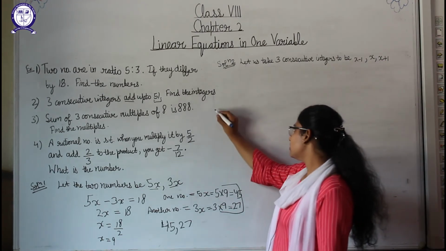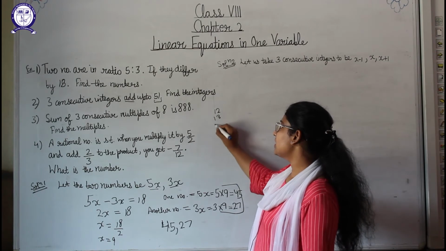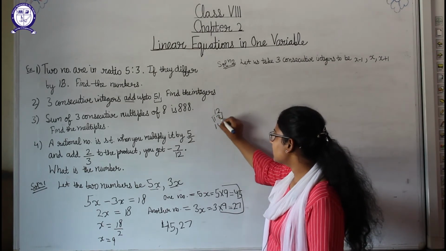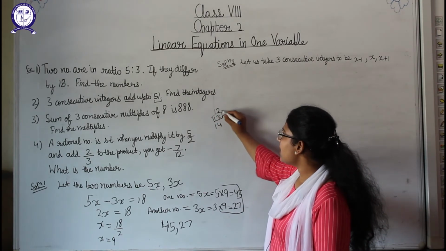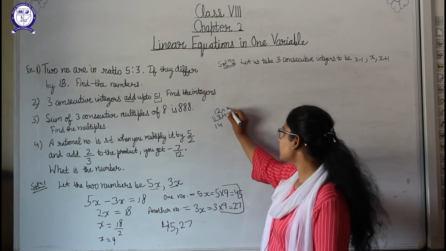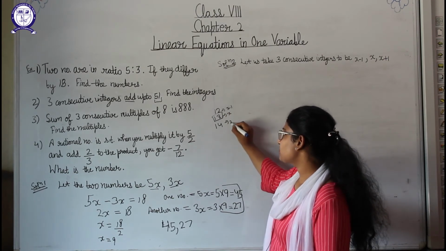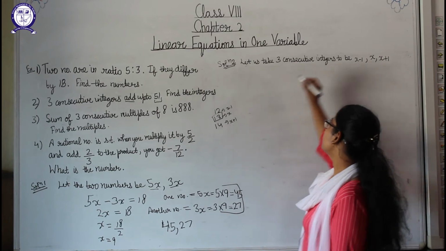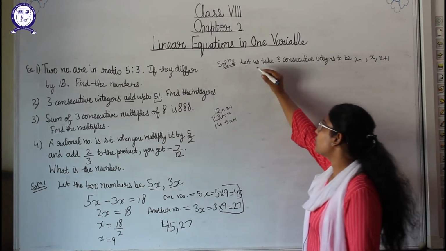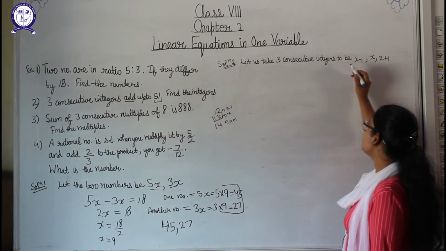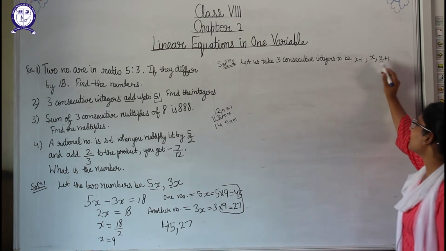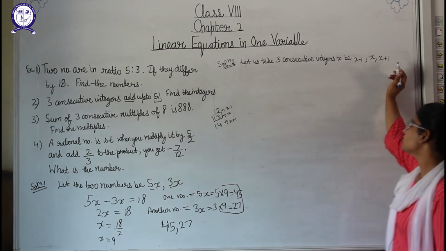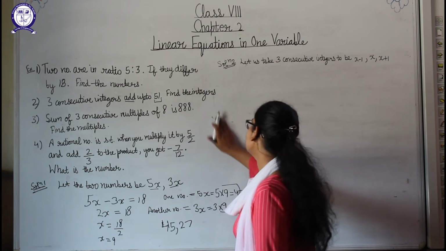Suppose 12, 13 and 14 are the integers. We are taking 13 as x. It means 12 will be x minus 1 and 14 will be x plus 1. Like this we are letting the 3 consecutive integers to be x minus 1, x and x plus 1.